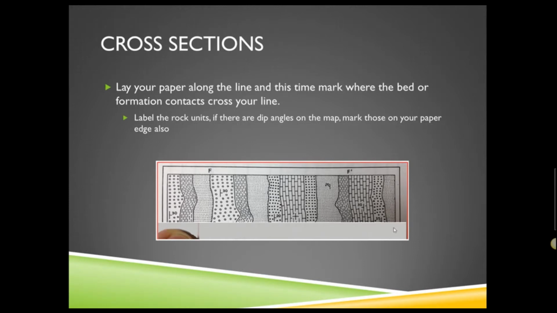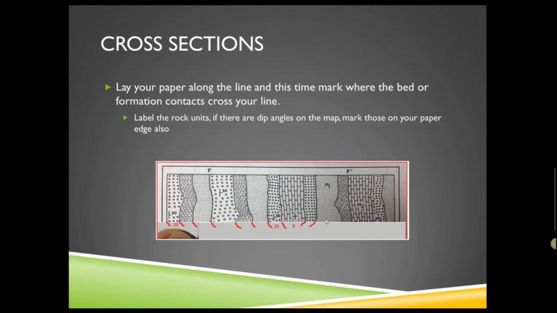Mark the ends of your transect on your paper, and then start marking the different rock unit contacts wherever it changes color or pattern. Mark any dips that you know, like this is a 30-degree dip, and these lines are actually dipping in that direction.